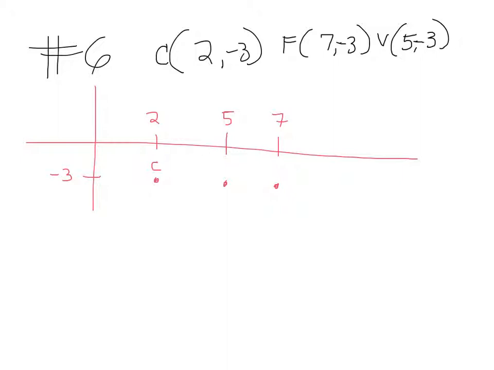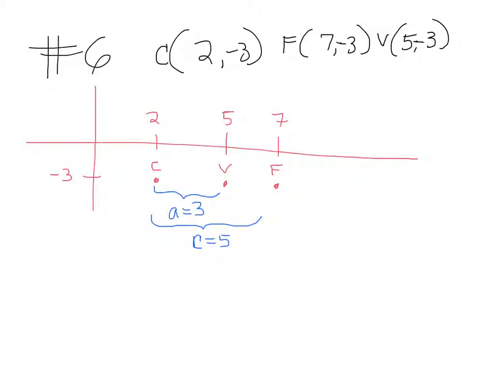With this plotting, I can see that A, the distance from the center to the vertex, is 3 units. And I can also see that this was the vertex and this is one of the foci. From the center to the focus, it's 5 units, right? So C is equal to 5.